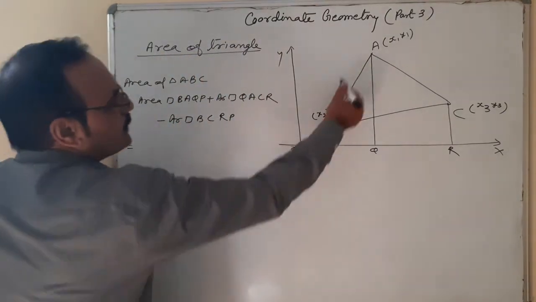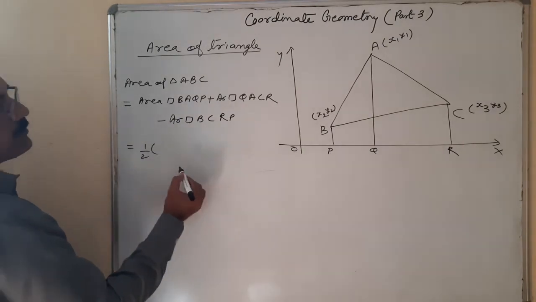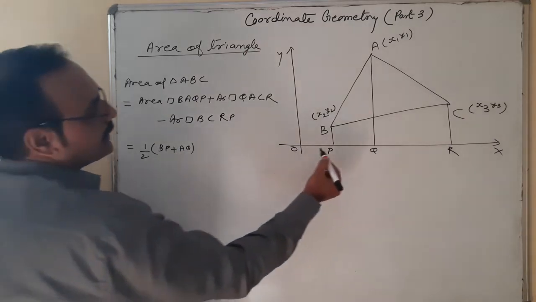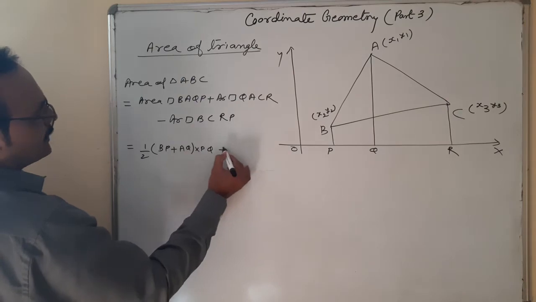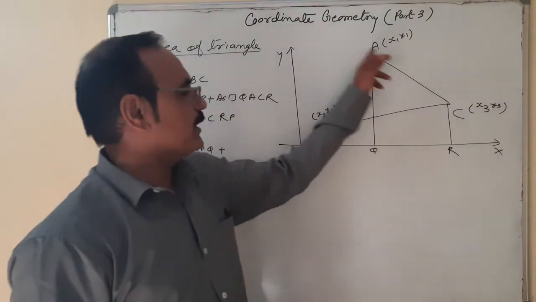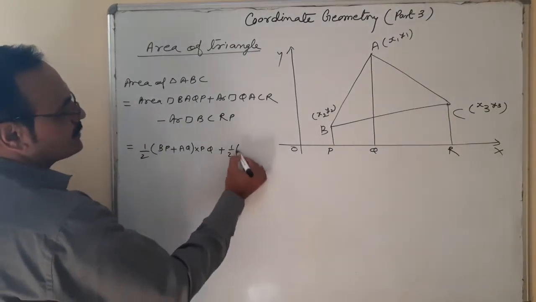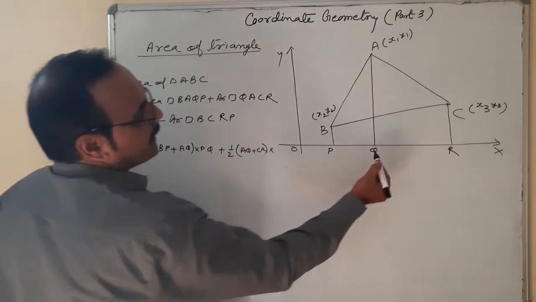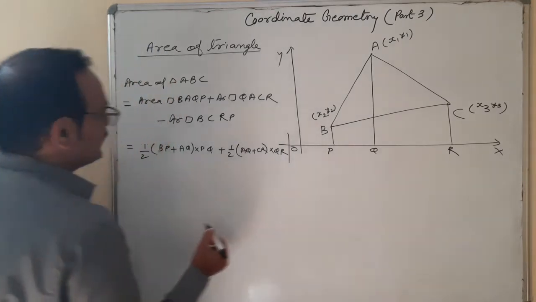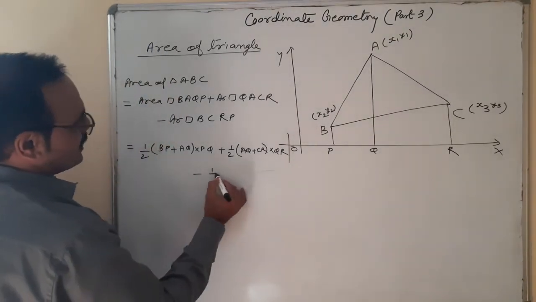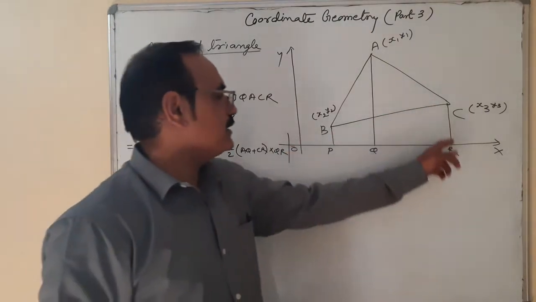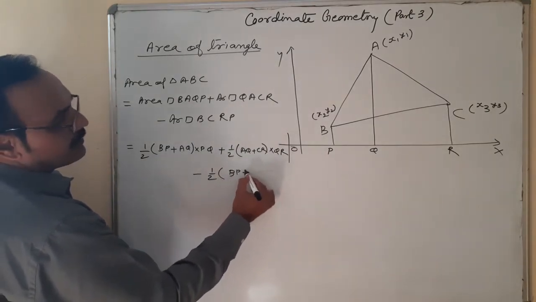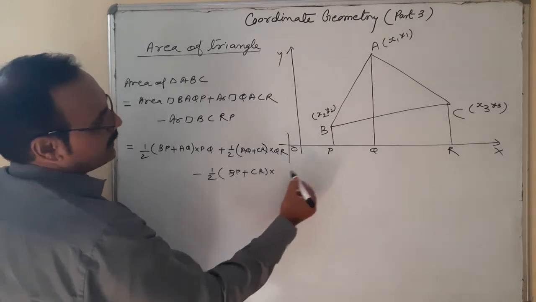So area of BAQP is equal to half the sum of two parallel sides BP plus AQ, and height is PQ, plus area of QACR, half the sum of two parallel sides AQ plus CR multiplied by height QR, and third, minus 1 upon 2 area of BCRP, that is 1 upon 2 BP plus CR multiplied by PR.